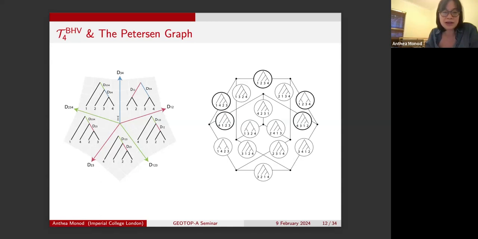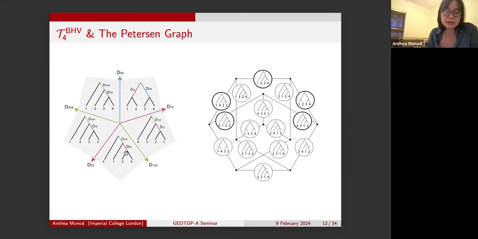Then this is compatible with this orthant because the common boundary joining these two is, again, the internal edge which connects to the 3, 4 leaf set here.